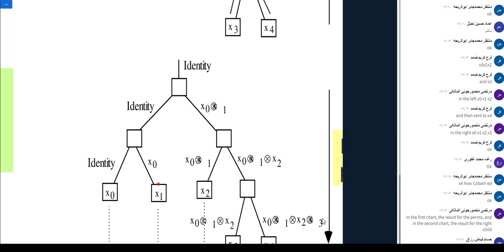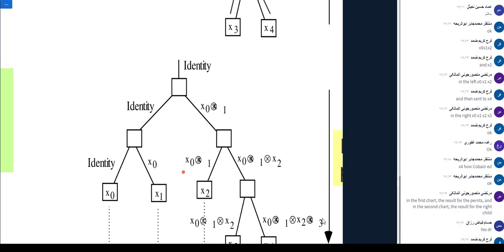Up to left, the combination of previous left and up to right. It is the formula. And at the end, all of the leaves compute their own results. Okay, was it clear? Or do you need repetition?